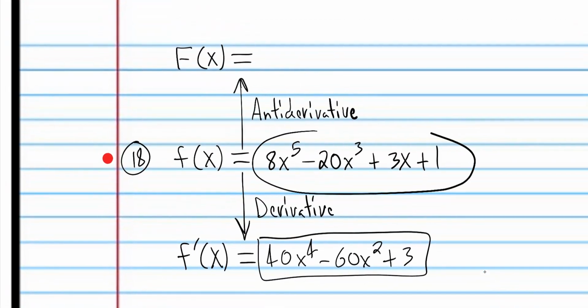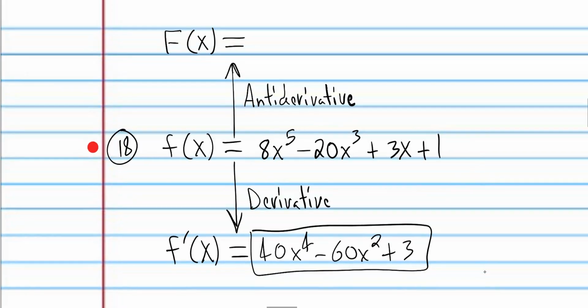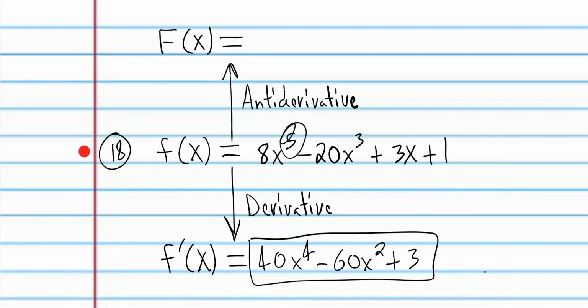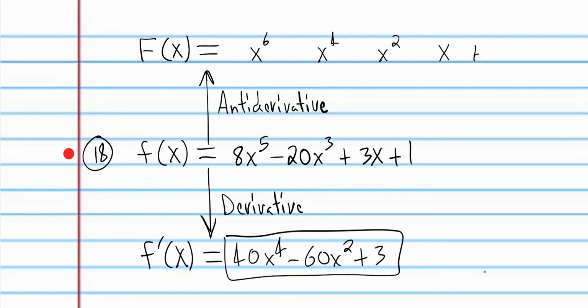And now we're going to use the power rule, but going in reverse. So we're going to add 1 to the exponents. And 1 actually becomes x. And then we're going to have to add a c, because there could be a constant.